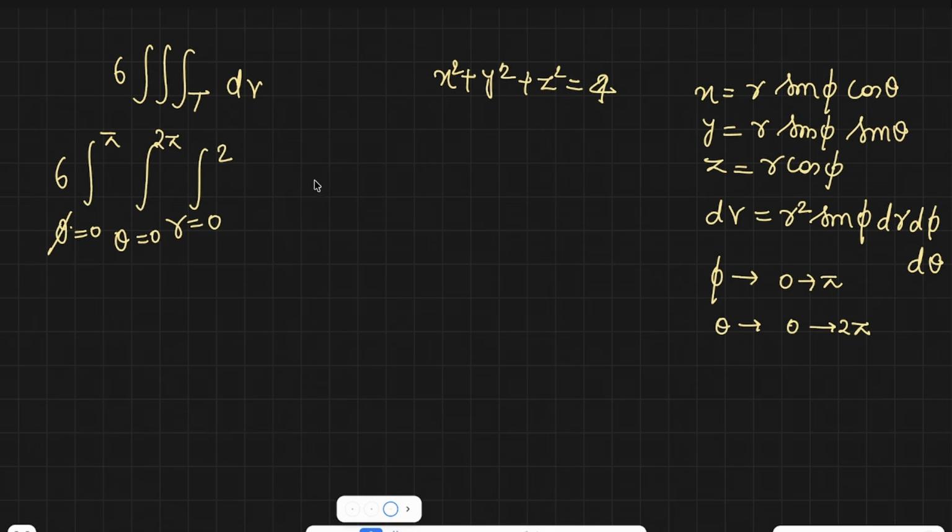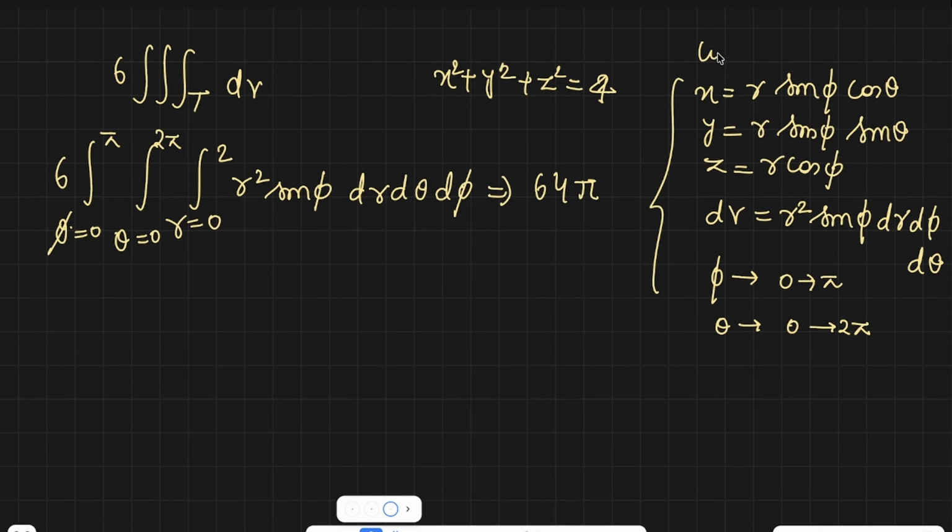The 6 is outside, and the integrand is r square sine phi, or you can write dr d theta and d phi. When you solve this complete integral, you will also get 64 pi. This is using the spherical coordinate system. It's very, very important to understand this.